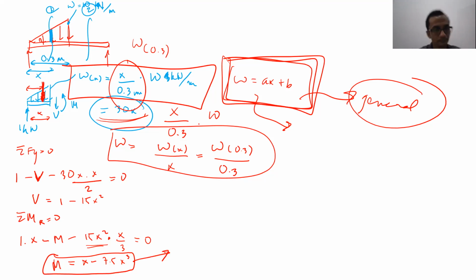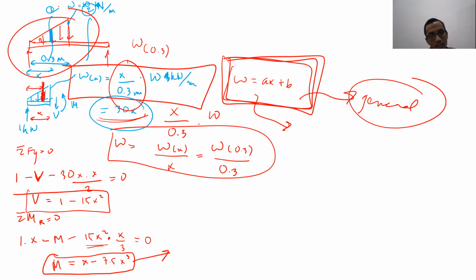I understand. So you can see here, because this one is linear, the distribution W is linear, the V will be quadratic and the moment will be to the power of 3. Also, I have to watch if it's left or right to decide if it's x over 3 or 2x over 3.